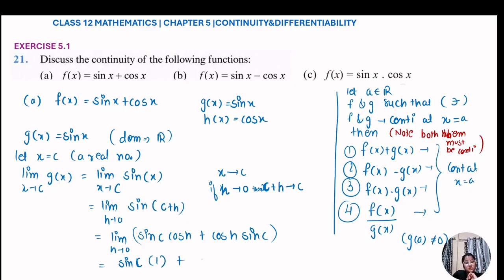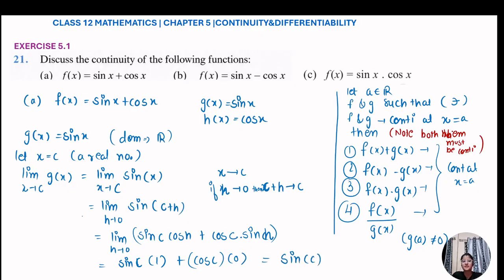And this turns out to be cos c times sine h. So cos c comes out, and when h tends to 0, we get sine of 0, and we know that sine of 0 is nothing but 0. So this turns out to be sine c.